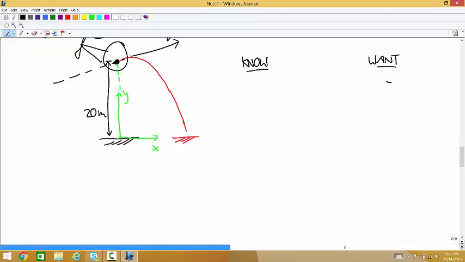I guess we might as well find that. We know the acceleration. We know the initial position. We don't know anything about the final position.